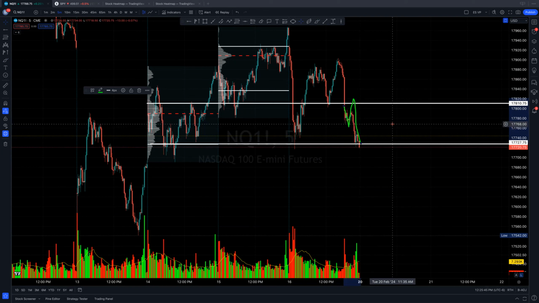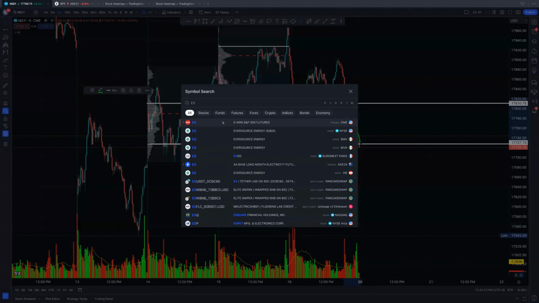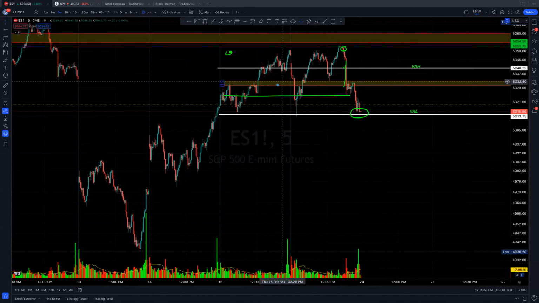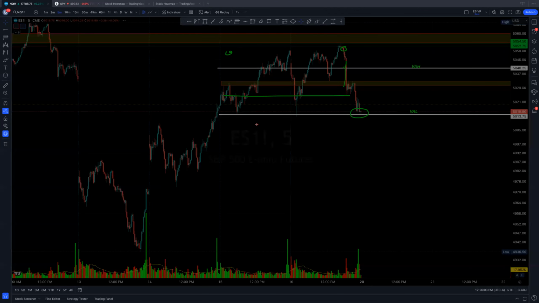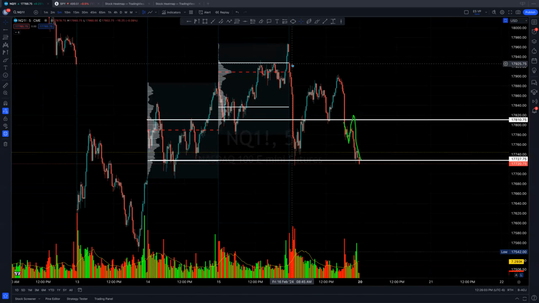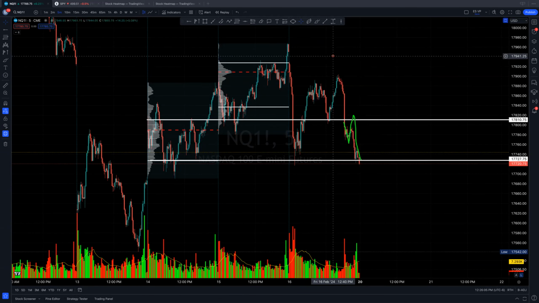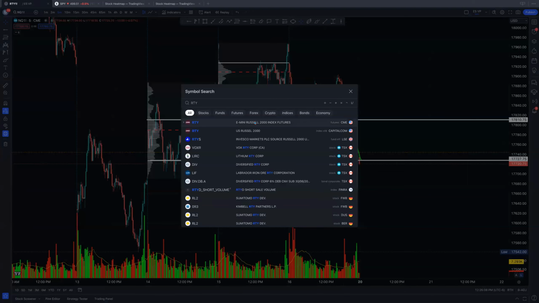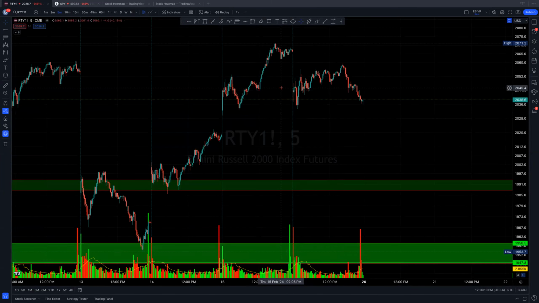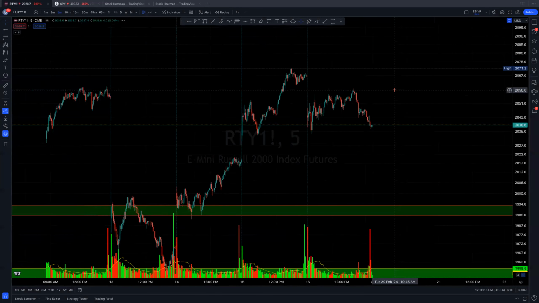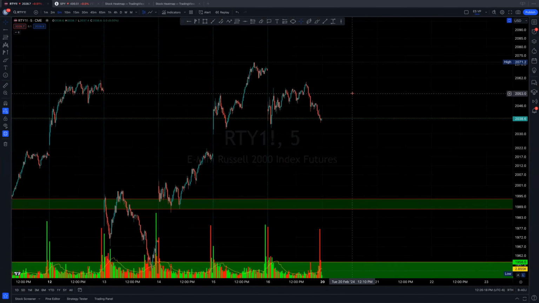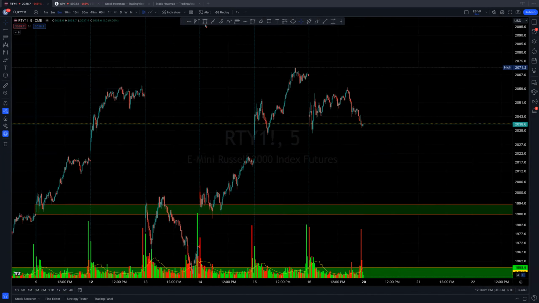But what gave me the most confidence on Friday was seeing basically ES breaking over yesterday's highs, but NQ not doing very well. NQ did not break over yesterday's highs. Now, not only that, but let's take a look at RTY, guys. RTY had a gap down. So I'm not sure if you guys remember our webinar on the gap, talking about gaps.